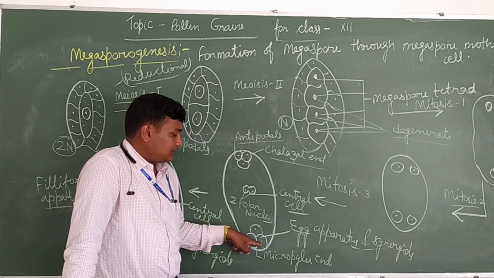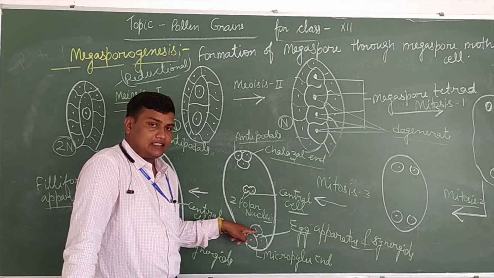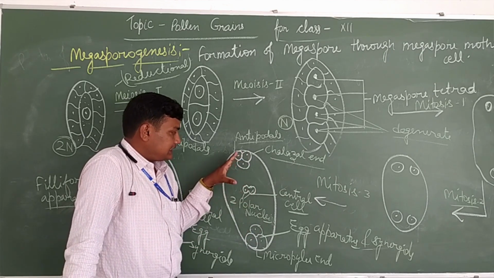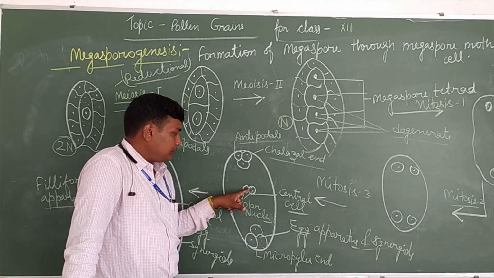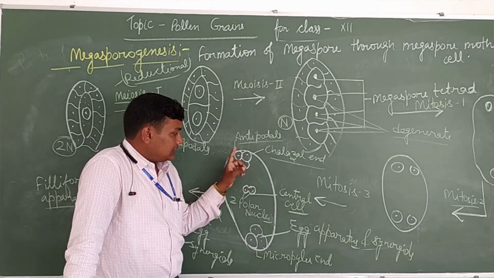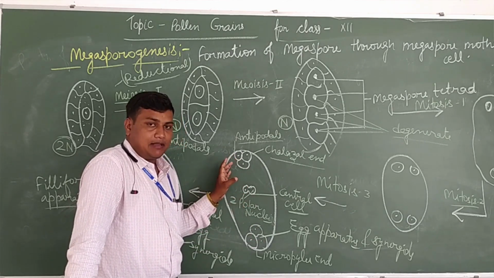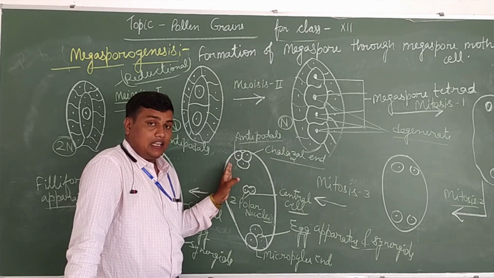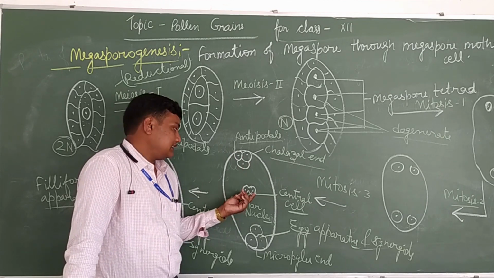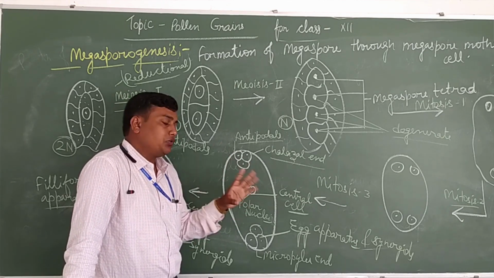The number of cells is 7: 1, 2, 3, 4, 5, 6, 7. But they are 8-nucleate, 7 cells but 8 nuclei, as the central cell contains 2 nuclei.